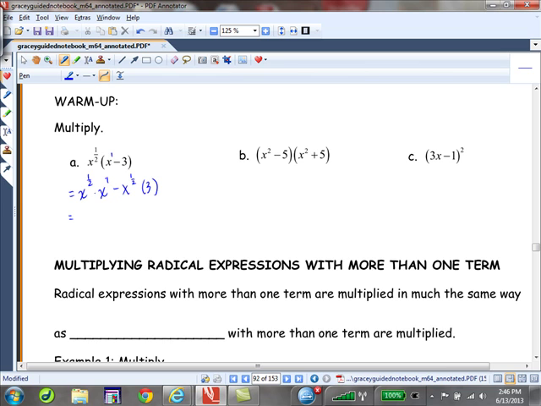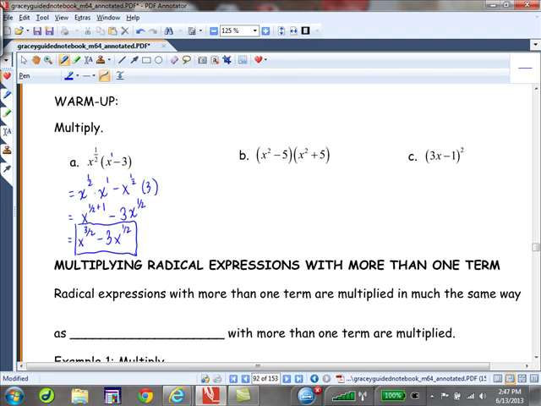So this will be x to the 1/2 plus 1 minus, and then we usually put the coefficient in front, so we'll have 3x to the 1/2. 1/2 plus 1 is 3/2, so your end result will be x to the 3/2 minus 3 times x to the 1/2. How'd we do? Awesome.